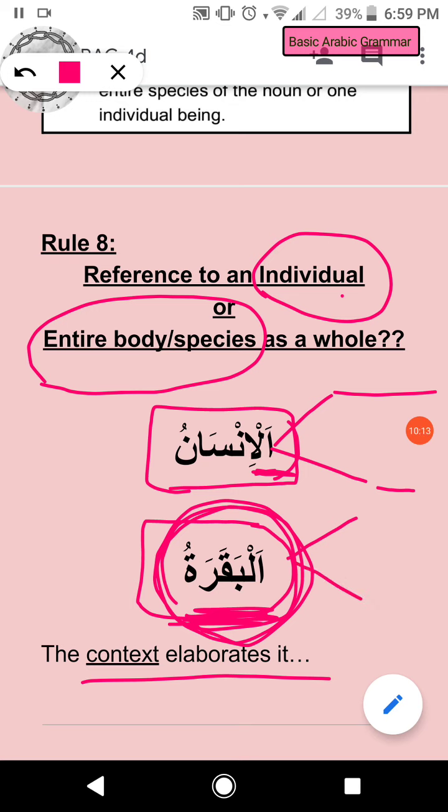Just as we have in English, the young, we say the young are quite susceptible to certain diseases. So we are attaching this the with an entire group.